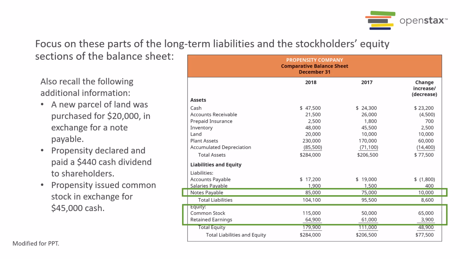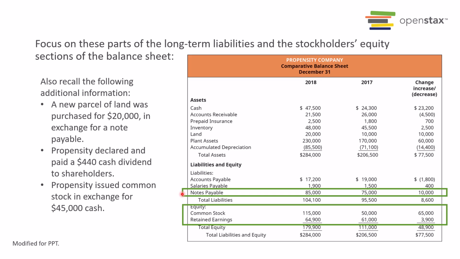And so here we see Propensity's information that we'll use for this section. Now, in an ideal world, these would have been labeled more clearly to distinguish our long-term liabilities from our short-term liabilities.